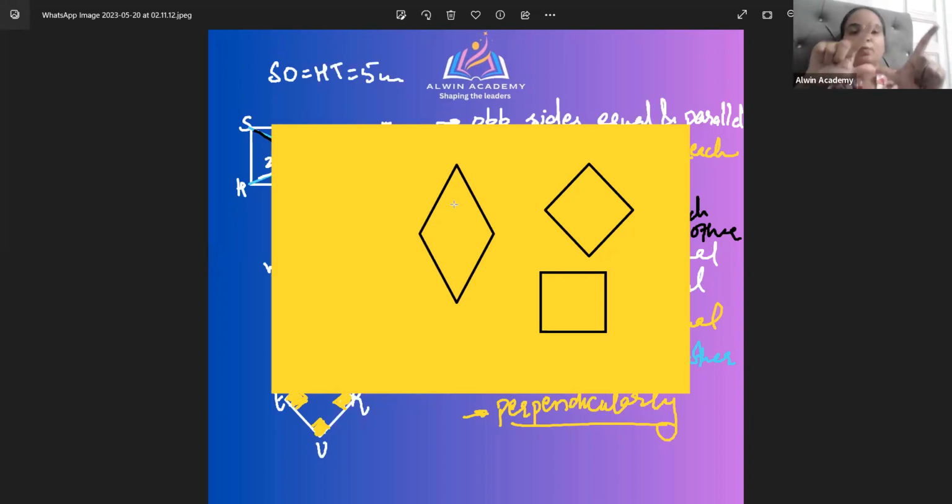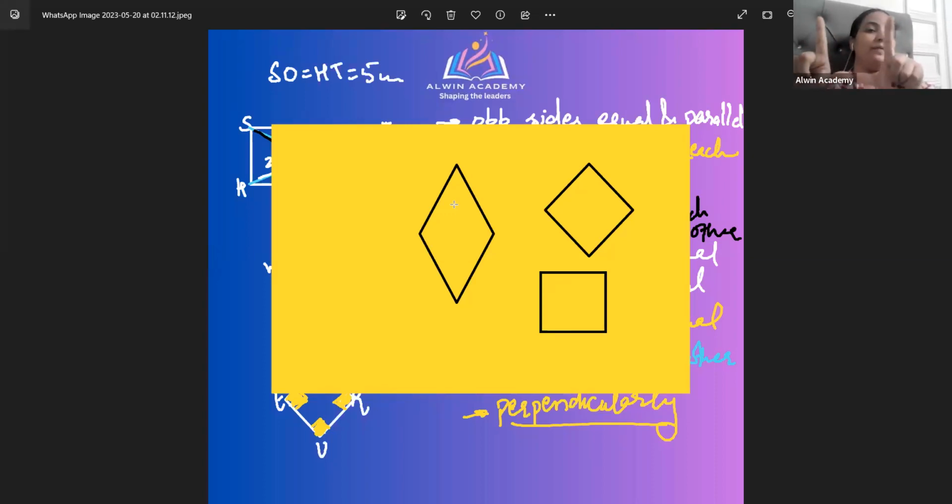Now this happens to be a rhombus if all four sides are equal. If only the opposite sides are equal, and all four sides are not equal, adjacent sides are not equal, you will call this a parallelogram. But when I'm drawing it from a square, now I am bending its side like a wiper, on either of the sides. This becomes a rhombus. Got it, Samihan, or not?